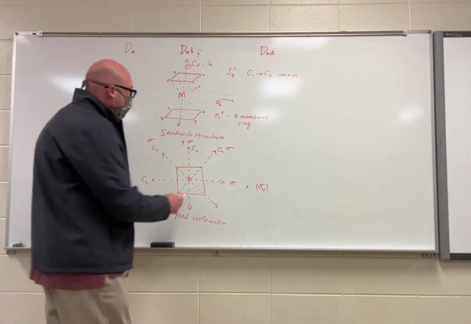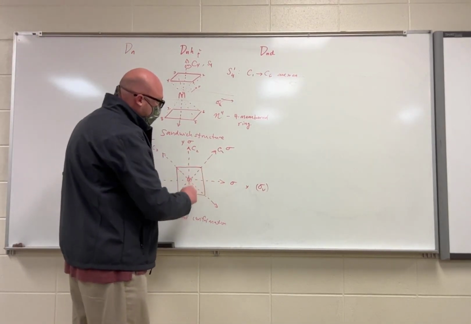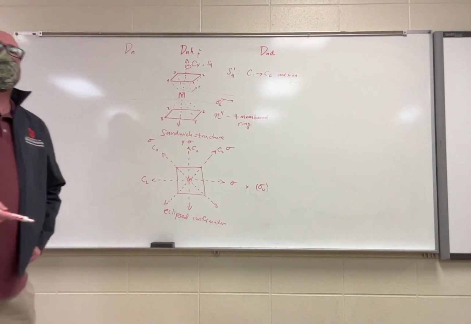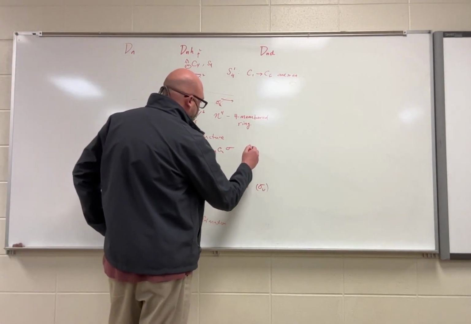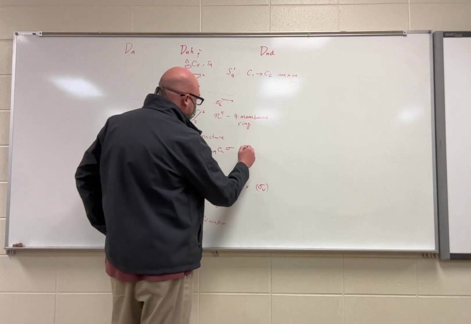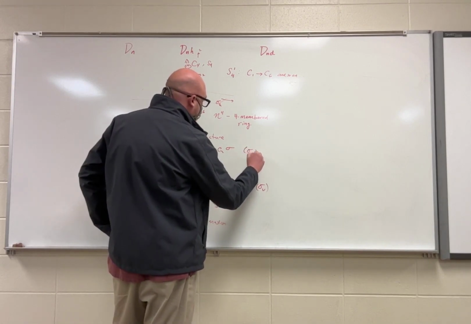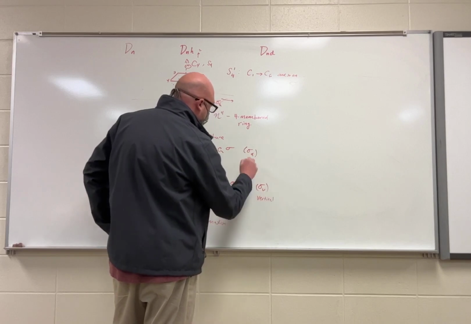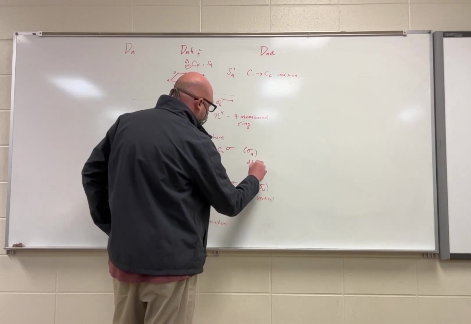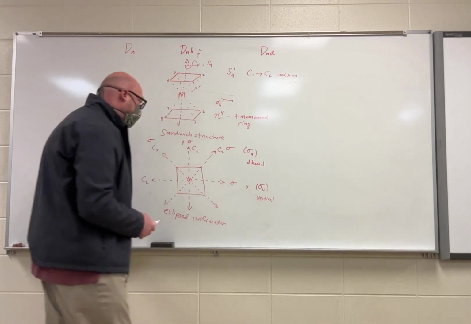And so because those planes are bisecting our coordinate system, we can call these sigma d, as dihedral planes. So we'll just call these vertical, and these will be dihedral. Okay?